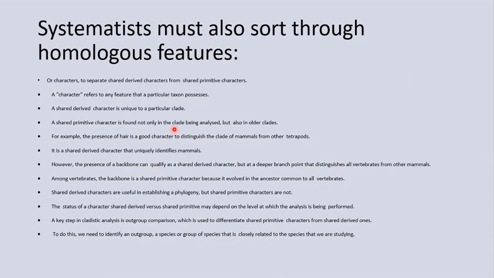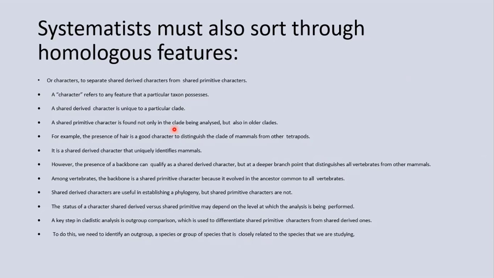You might find that some traits are not on all the descendants, but those shared primitive characters are not only found in the clade being analyzed at that moment, you can find them in older or previous clades.